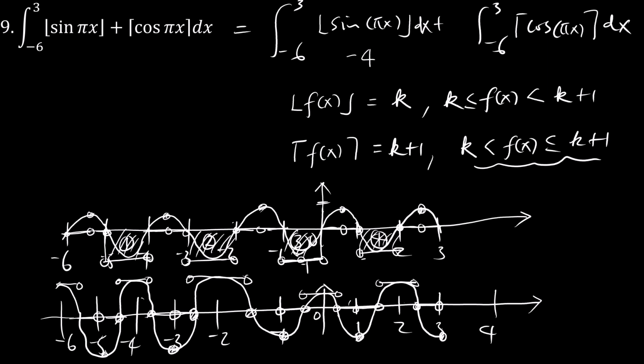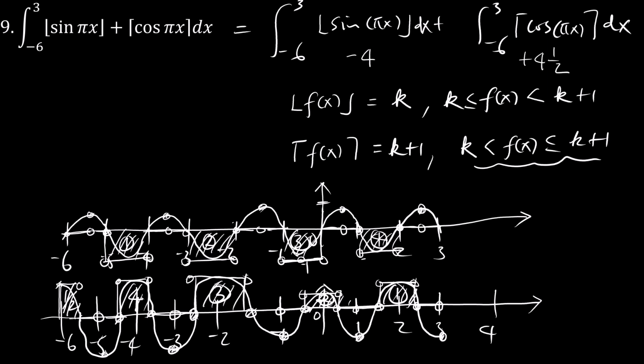So in other words, this is going to be half, but this is 1, 1, 1. So we have 1, 2, 3, 4, and then we have half here. So in other words, here we have +4 and a half.